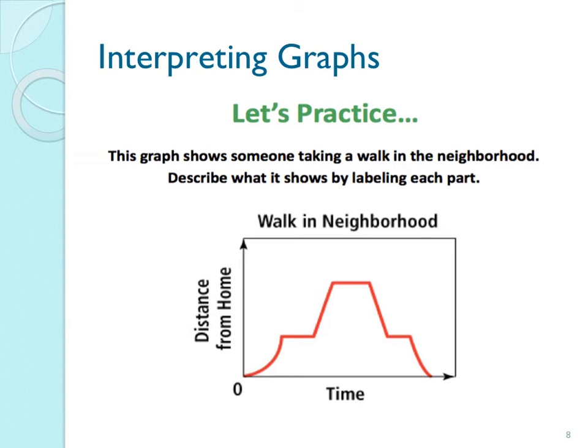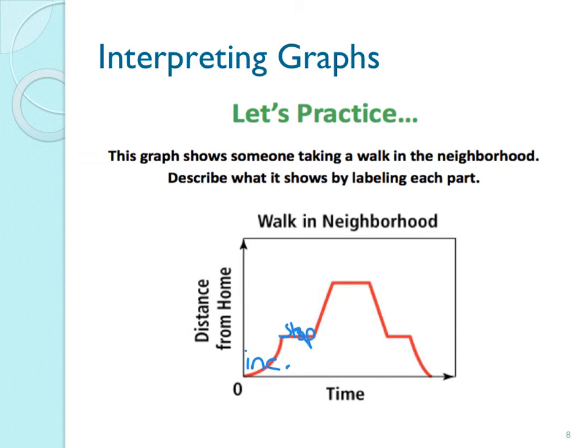The graph shows someone taking a walk in the neighborhood. Describe what it shows by labeling each part. So this one is increasing. They're staying put, so they stopped.